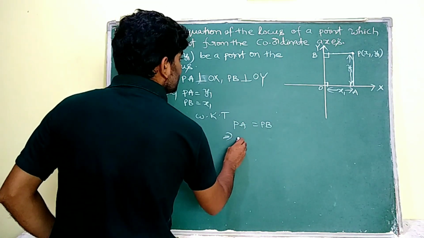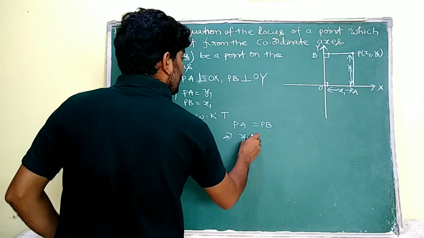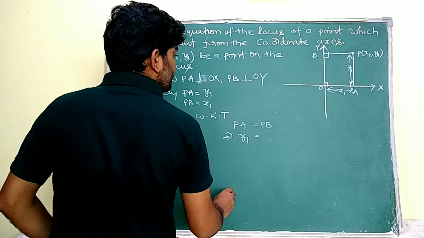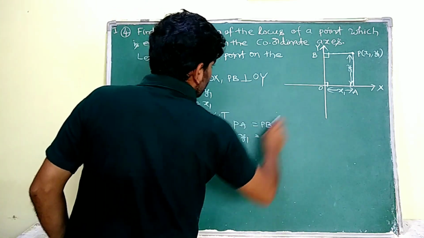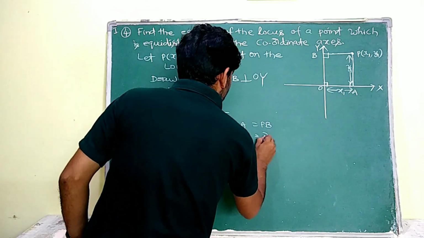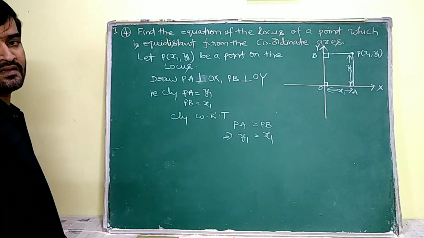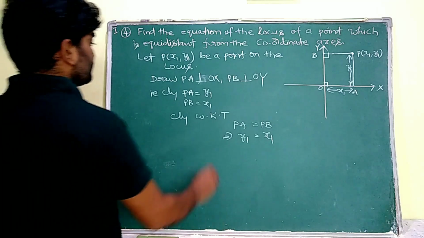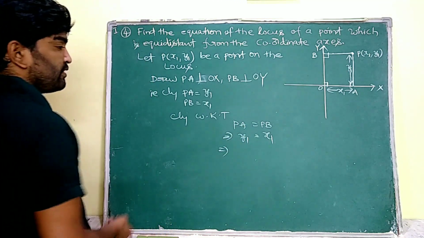What is PA? PA means y1, is equal to PB. Tell me, what is PB? PB means x1. We have to write it like this. Now we square on both sides, because those may be positive or negative.